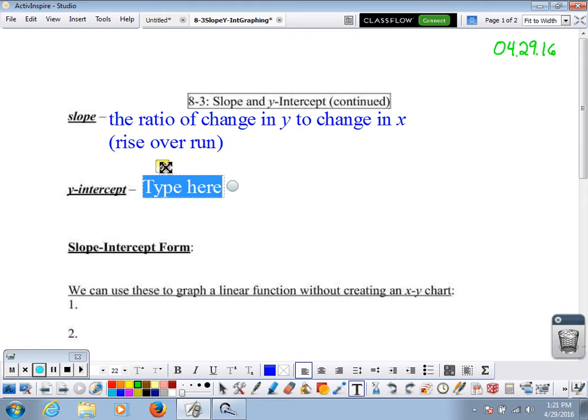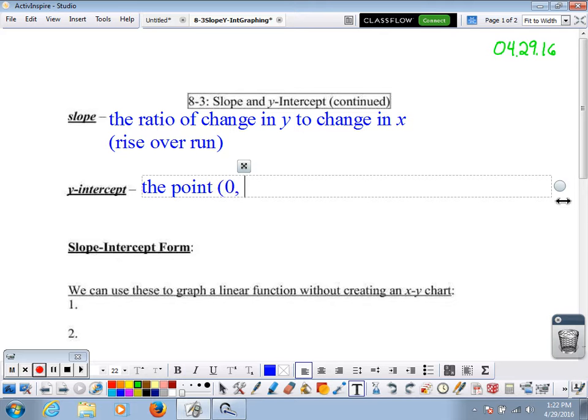What was the y-intercept? What did we say the y-intercept was? Hannah? Uh-oh. Beth? The point 0, b. x equals 0, where a function crosses the y-axis.